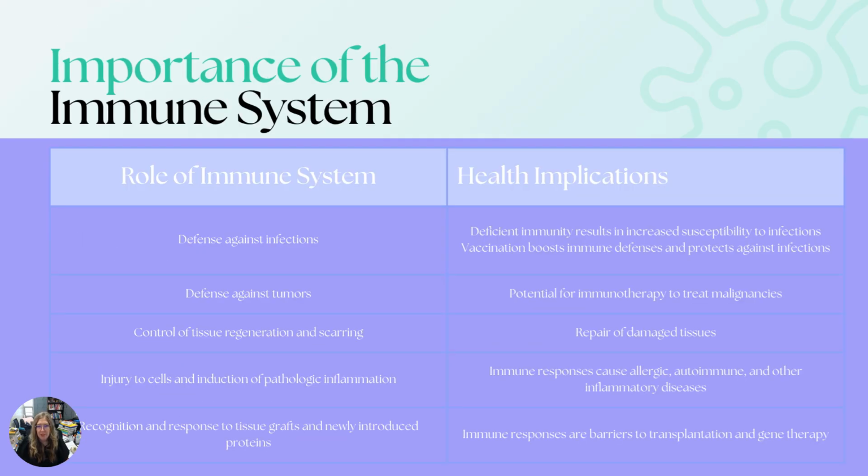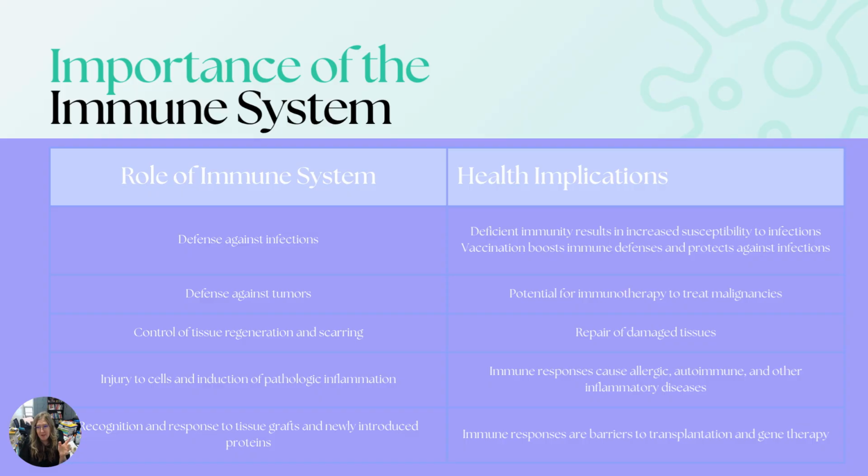This table really shows you why immunology extends far beyond infection. Yes, the immune system protects us from microorganisms, but it also participates in tumor surveillance, tissue repair, inflammation, transplantation, and responses to newly introduced proteins. And notice the duality here.